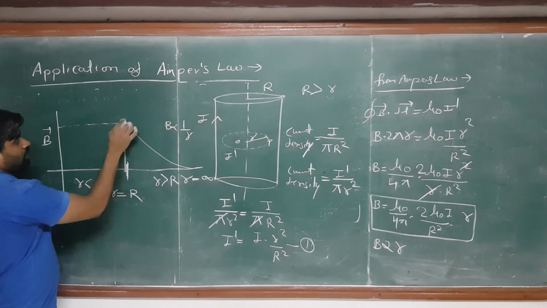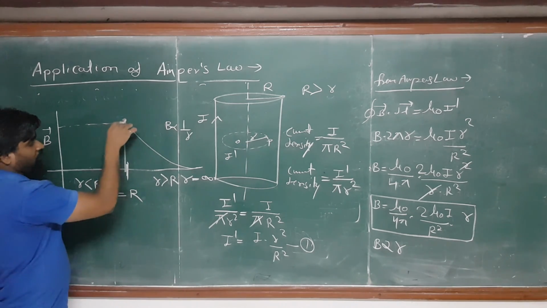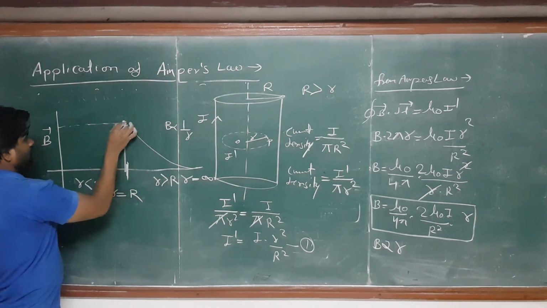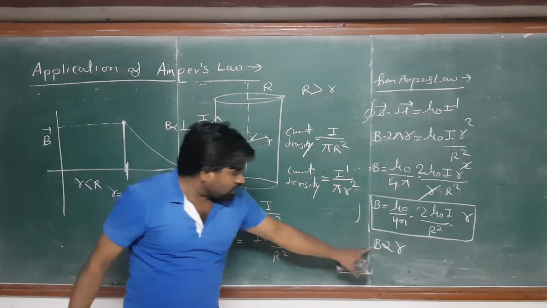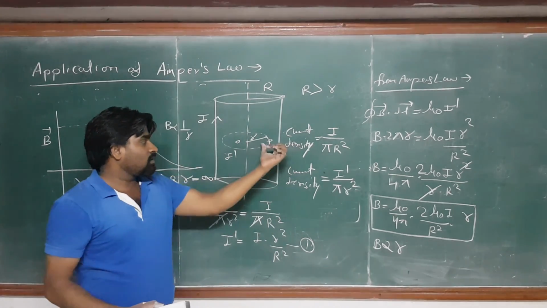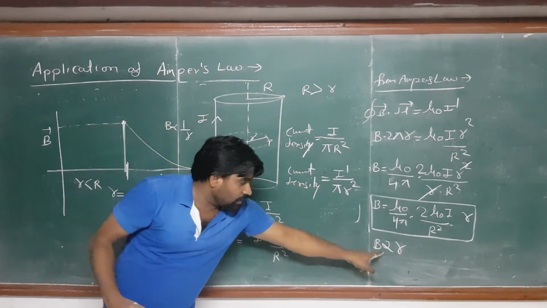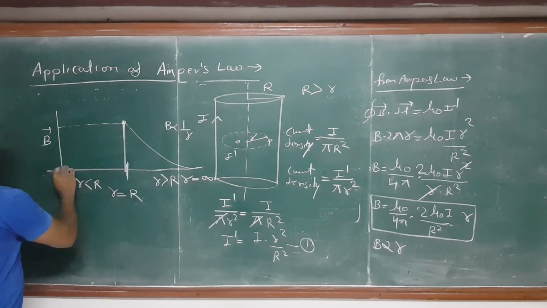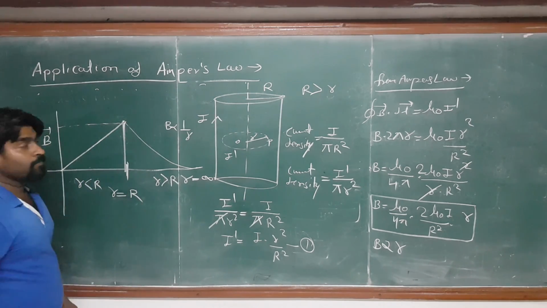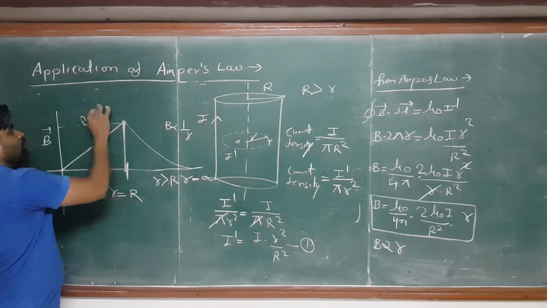When it reaches the surface, it has the maximum, and when it comes inside, for the inside B is directly proportional to r. When P is coming towards the axis, r decreases. If r decreases, then the magnetic field will also decrease. So here a straight line comes, telling us B is directly proportional to r.